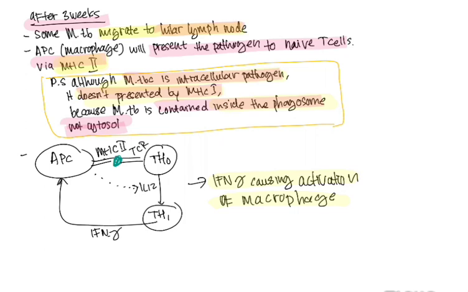After presenting the pathogens to the naive T cell, the APC secretes IL-12. This IL-12 induces the differentiation of the naive T cell into Th1, and Th1 secretes interferon gamma, and interferon gamma causes activation of the macrophage.